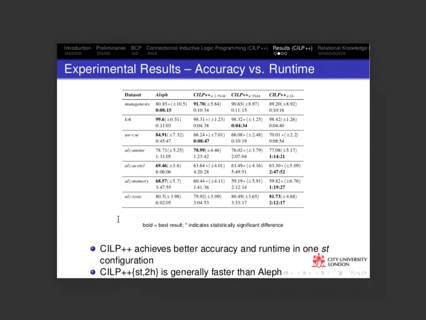So the main point is that this training, especially with earlier stopping in the neural net, really can speed things up.